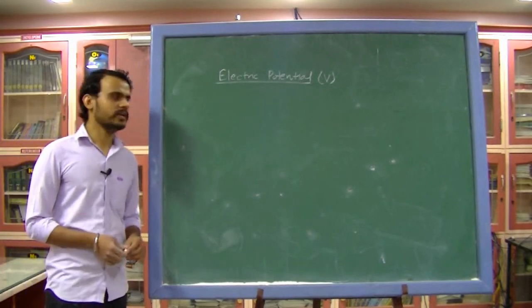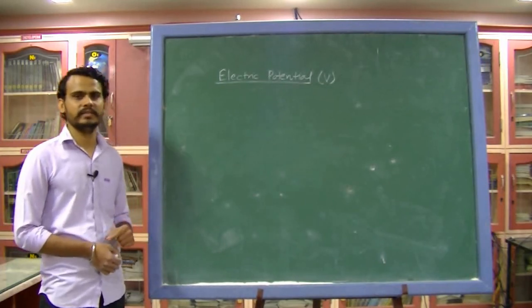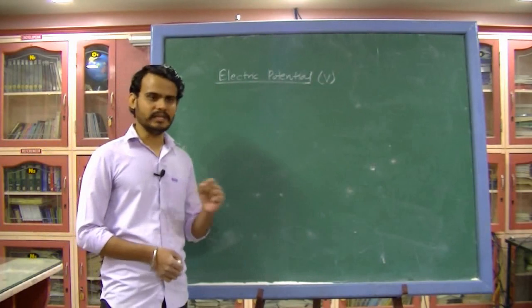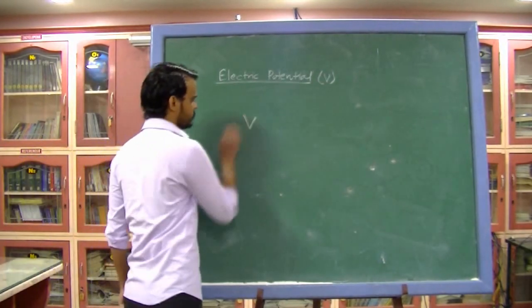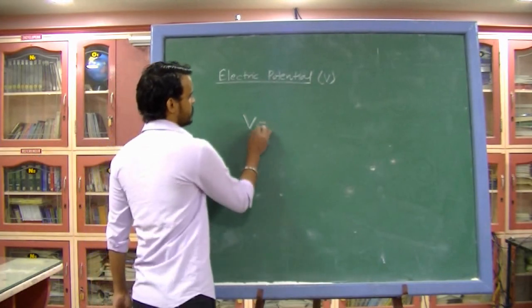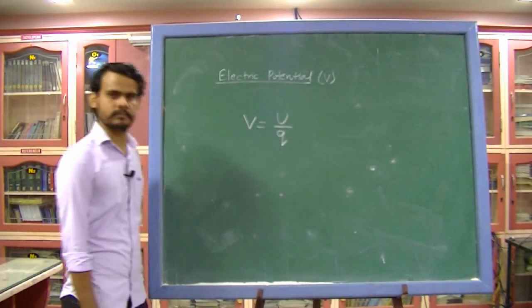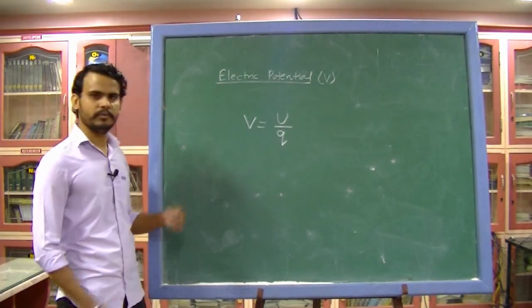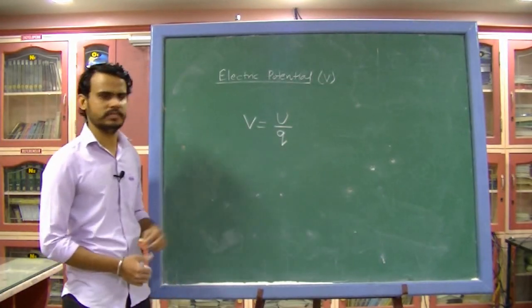Now, if you read this definition again and again, it will make no sense to you. So I am going to give you a very simple definition of electric potential. Electric potential is simply electric potential energy per unit charge. Whatever energy is required to move a charge from one point to another, divide that energy by the charge, and you will get the electric potential.